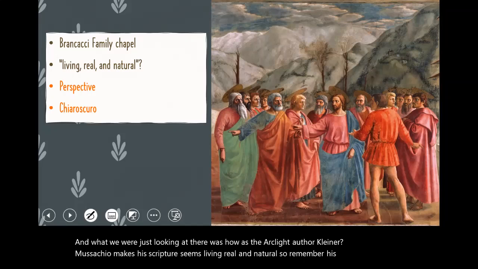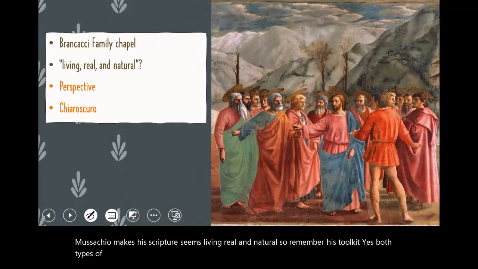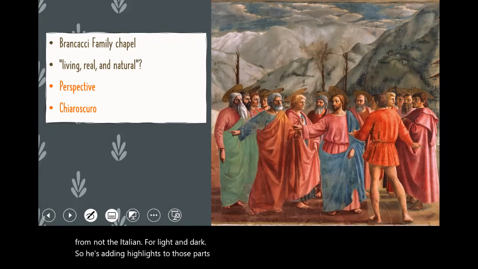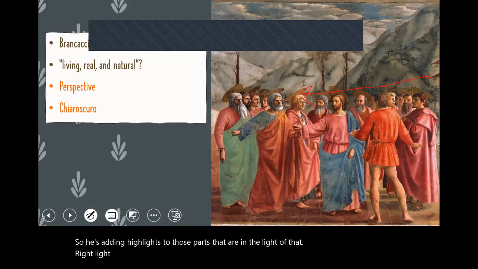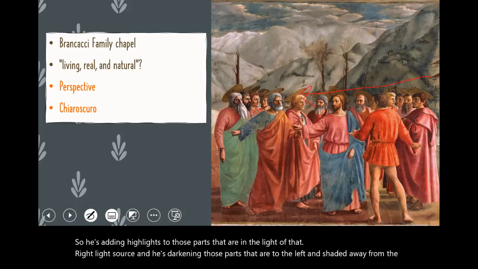He has both types of perspective, and along with that, foreshortening, and chiaroscuro, which simply comes from the Italian for light and dark. So he's adding highlights to those parts that are in the light of that right light source, and he's darkening those parts that are to the left and shaded away from the right light source.